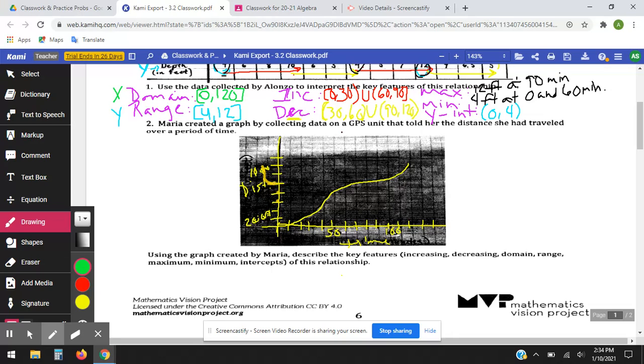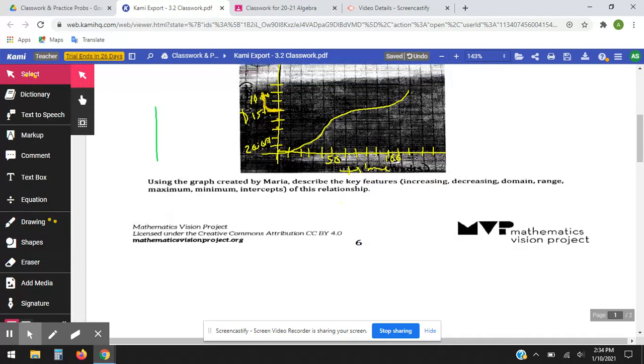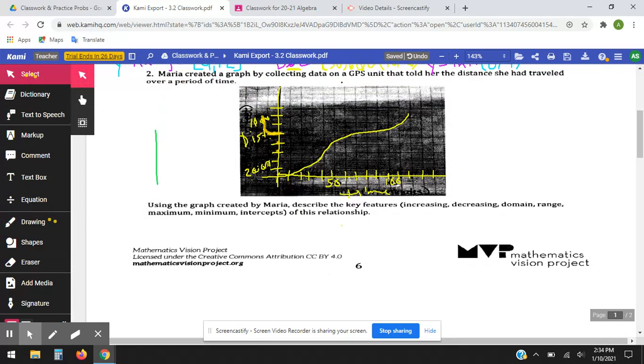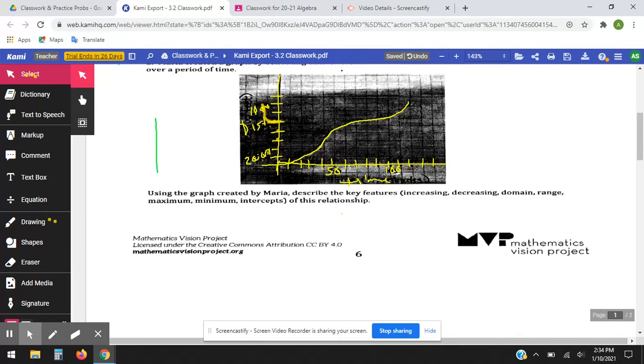This mark right here. Okay, so using this graph, now it's not letting me click anything else. Okay, so now on here, using Maria's graph, describe the key features: increasing, decreasing, domain, range, maximum, minimum, intercepts of this relationship.